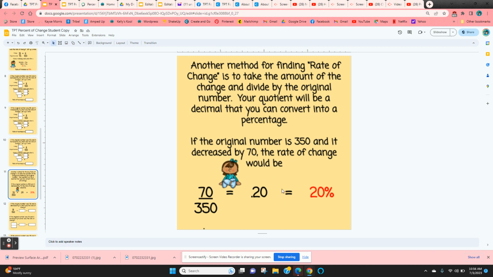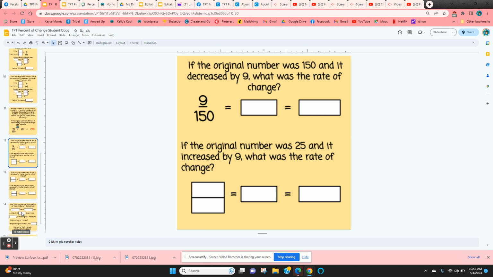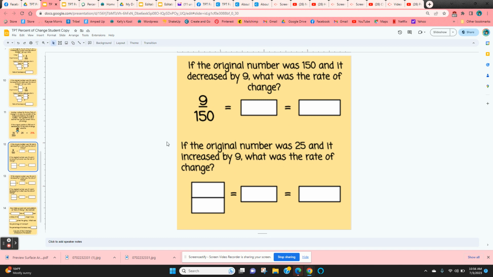On your calculator, you will get an answer of 20 hundredths, which you convert to 20%. So the rate of decrease was 20%. So students are going to be doing that on the next 2 slides. Just take the change, divide by the original number. You get a decimal answer, convert it to a percentage.